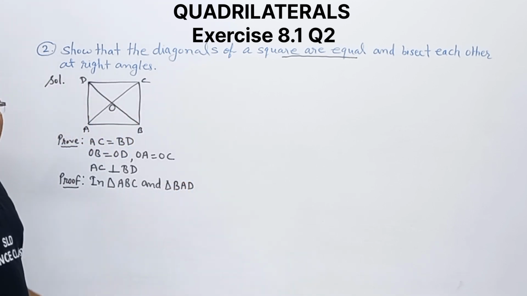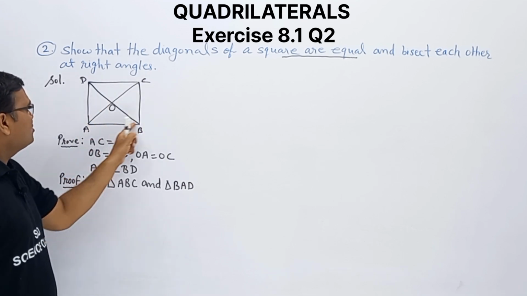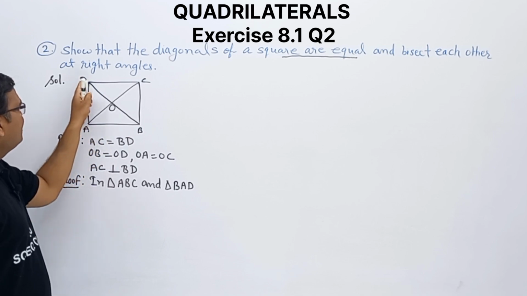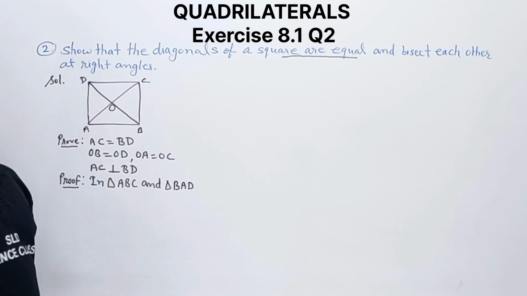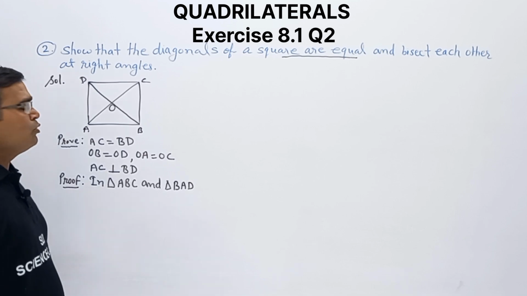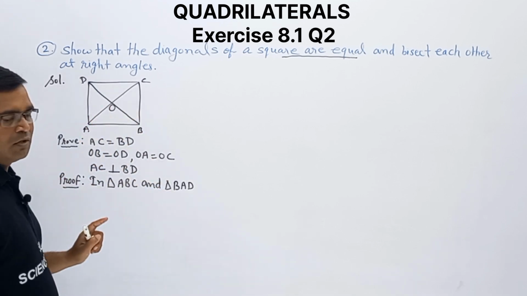These two triangles, observe carefully again. ABC, this right triangle, and another one is BAD, this one. In these two triangles, we want to apply a congruence rule. These two triangles are congruent or not.